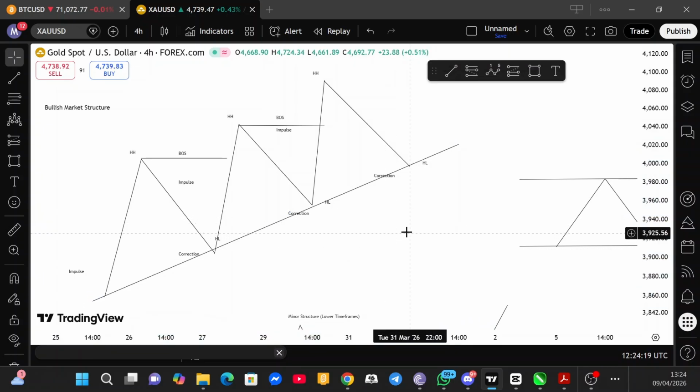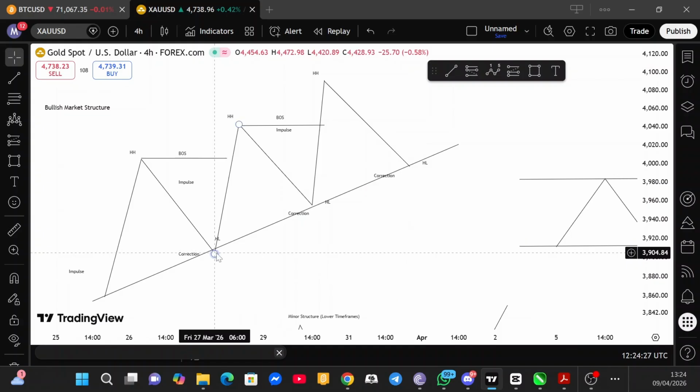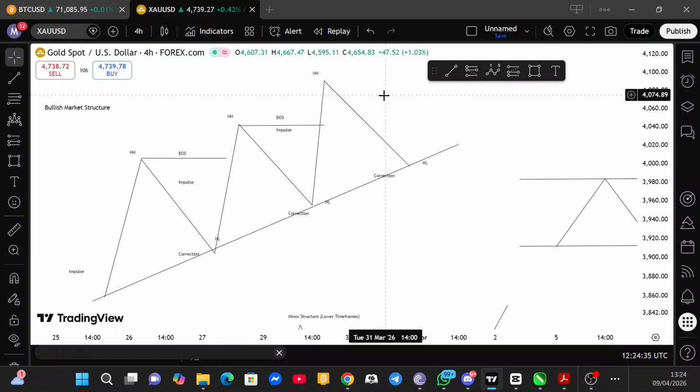Okay, so this is a trend line. You see that in a bullish market, the market moves upward, comes back to that trend line, pushes to the upside to form a higher high, corrects, and pushes up from that trend line to form a higher high.